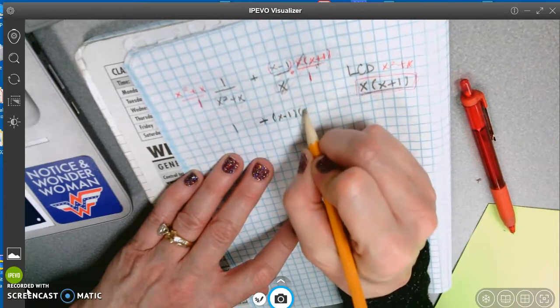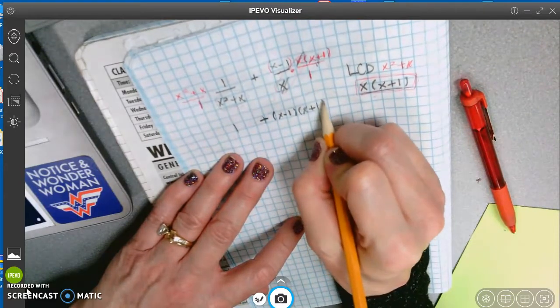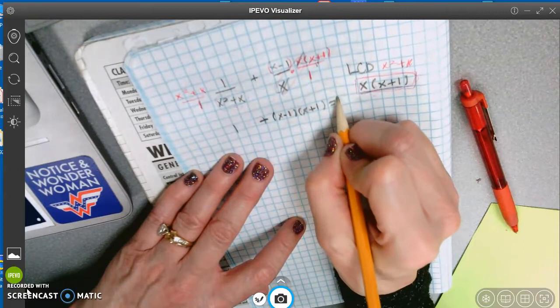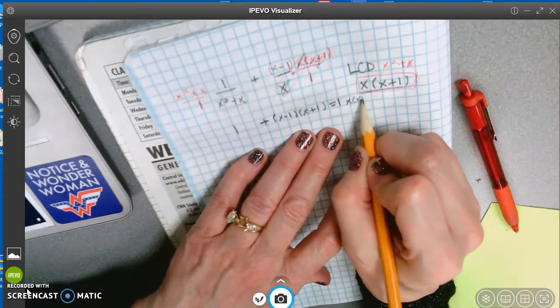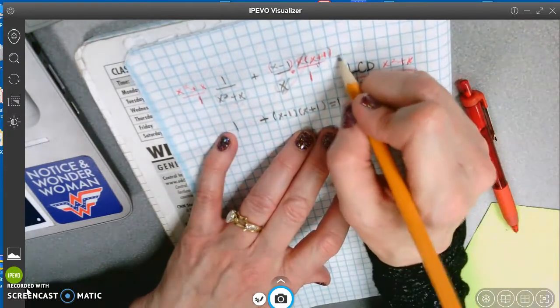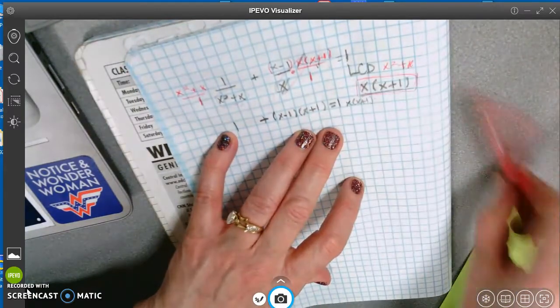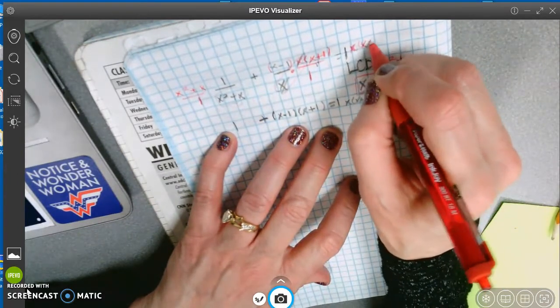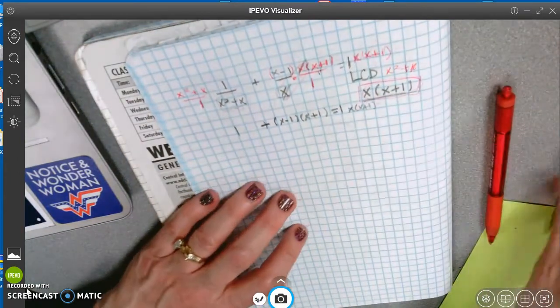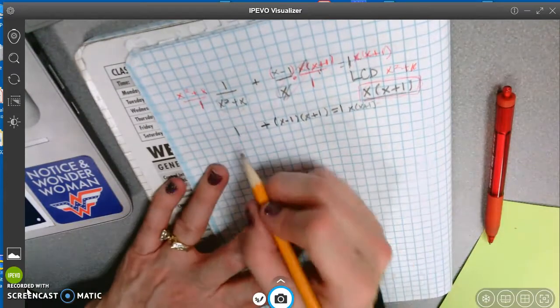We got an x plus 1. And remember the other side of the problem was equal 1. So we've got to multiply that by the LCD. So remember I moved my 1 over. That means I still had to use what was already there for our new LCD. Okay, so denominators are goners, yay!